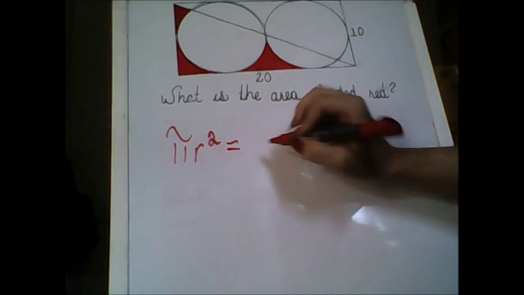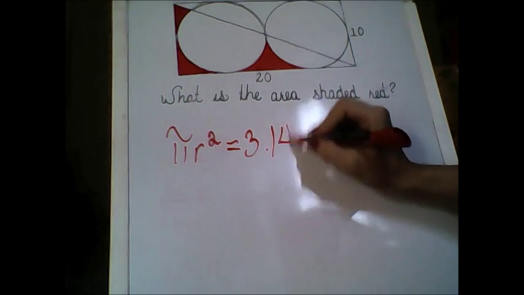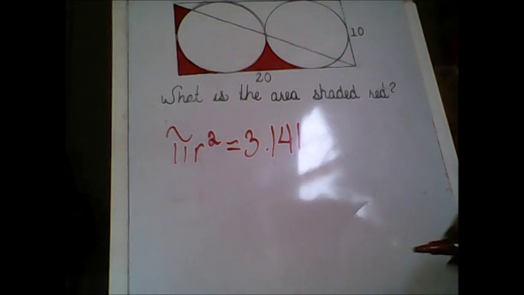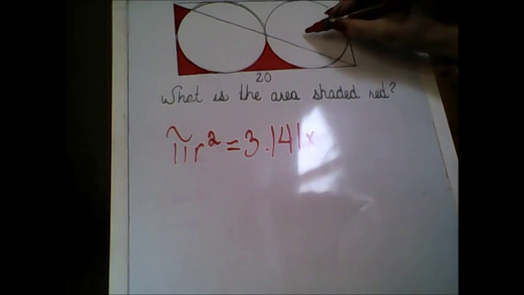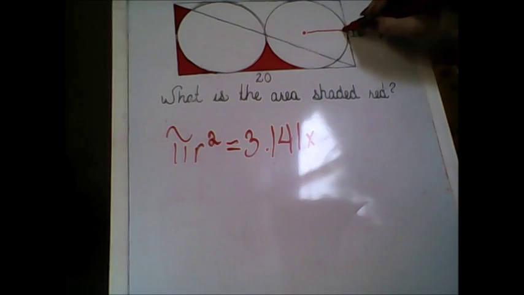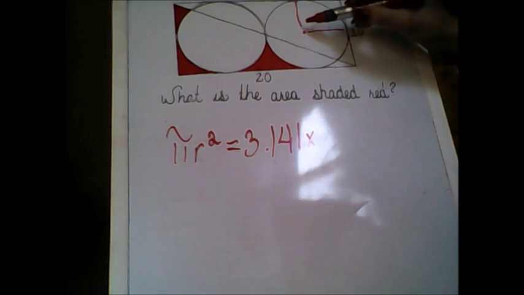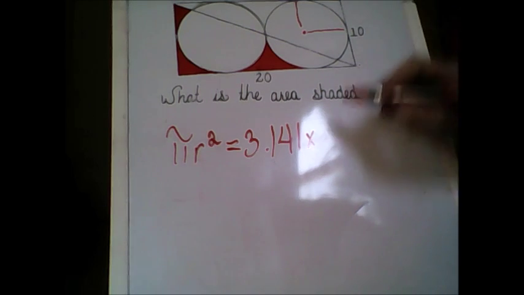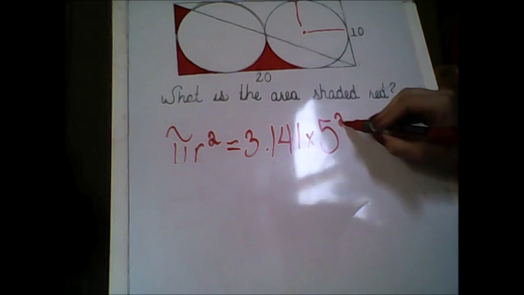So pi we'll say is 3.141, with 3 digits after the decimal, times r. R is from this middle point to any end, because a circle is the same distance all around. We know from here to here is 10, so half of that is 5. So this is going to be 5 squared.